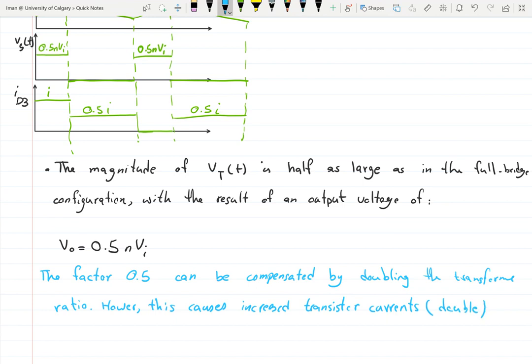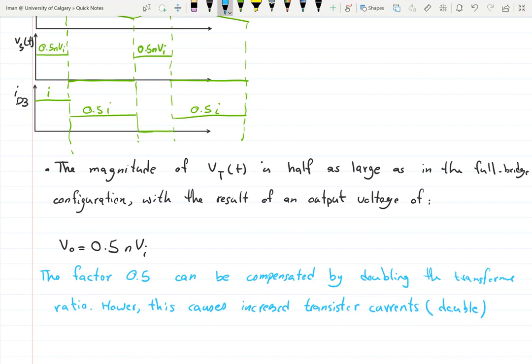So the benefit of using a half bridge over a full bridge would be that we are eliminating two transistors, but instead of using 4 transistors, we're using 2 transistors, and these 2 transistors have to be able to burden double the current for the same power level in both the full bridge and half bridge.